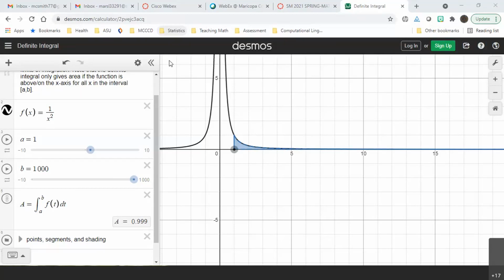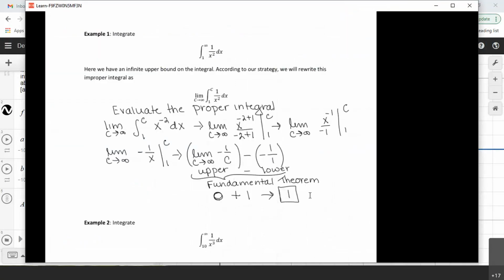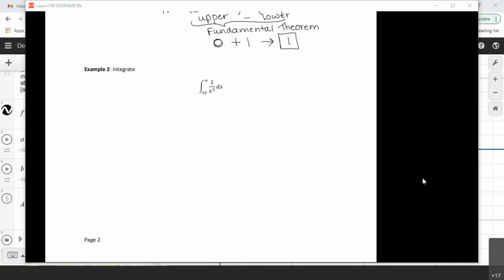Well, let's take a look at some more examples. Here I have the integral from 10 to positive infinity of 1 over x cubed. I can rewrite that since there's an upper bound that's infinite. I'm going to let c approach positive infinity and rewrite it from 10 to c.